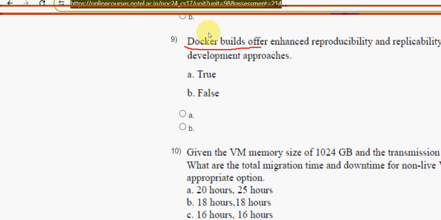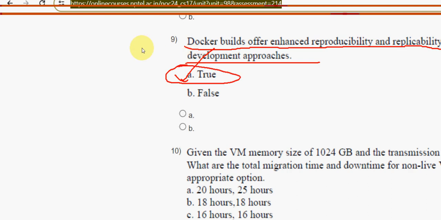Docker builds offer enhanced reproducibility and replicability compared to the conventional development approaches. So for the ninth question, also it is a true statement, guys. Option A, true, is the correct option.